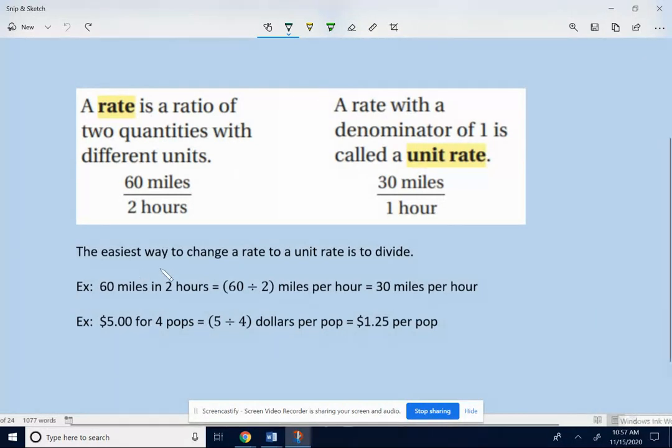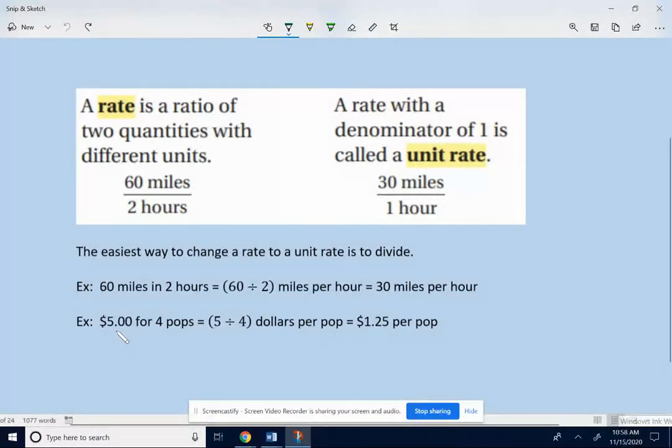The easiest way to change a rate to a unit rate is to simply divide. So 60 miles in 2 hours. If I take 60 divided by 2, I get 30. That means I'm going 30 miles for every 1 hour. 30 miles per hour. The 1 means per. Per means 1.